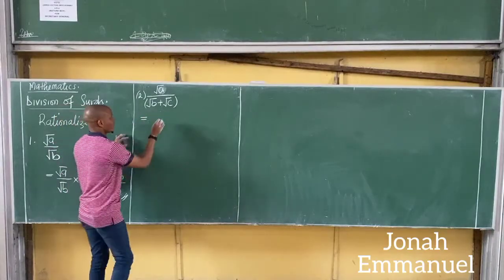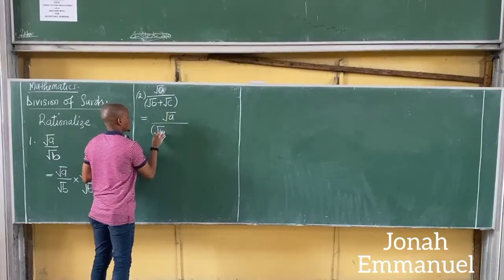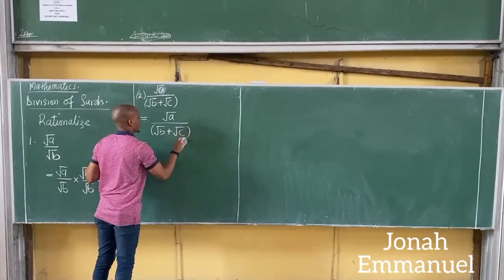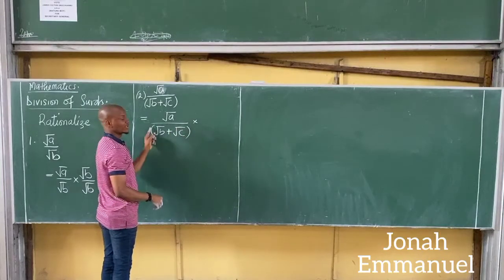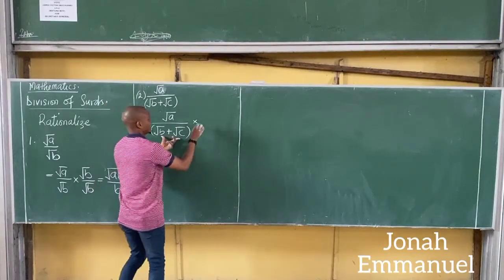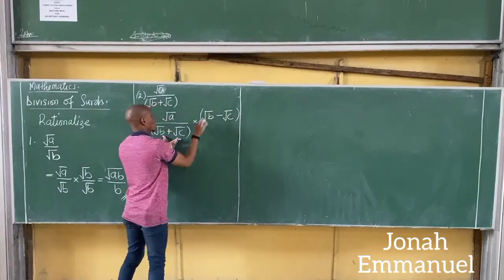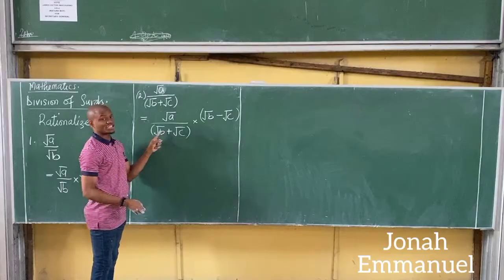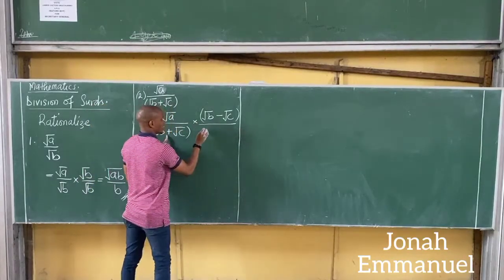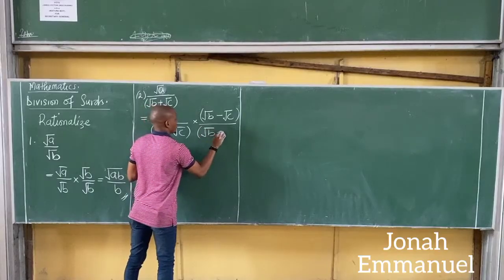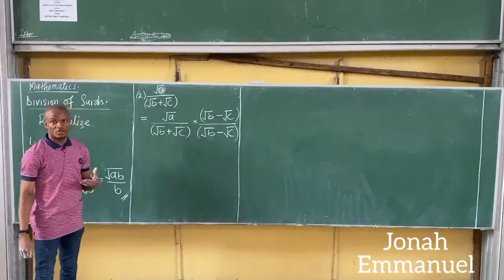So now it becomes root A all over root B plus root C. Multiply numerator and denominator by the conjugate of this. What's the conjugate? That becomes root B minus root C. We said to get the conjugate, change the sign to the opposite. All over root B minus root C. So this is how you work out division of surds.